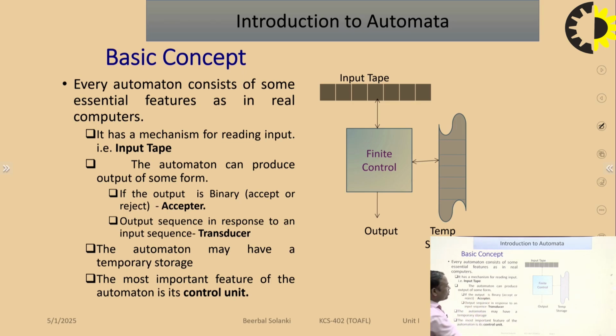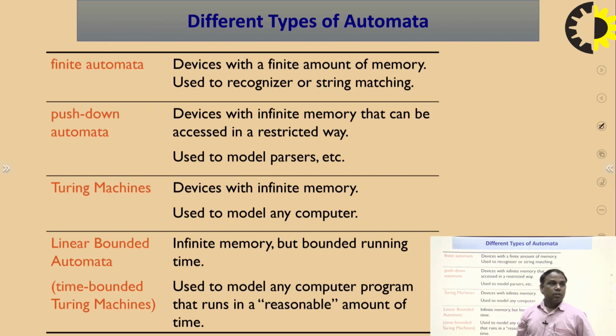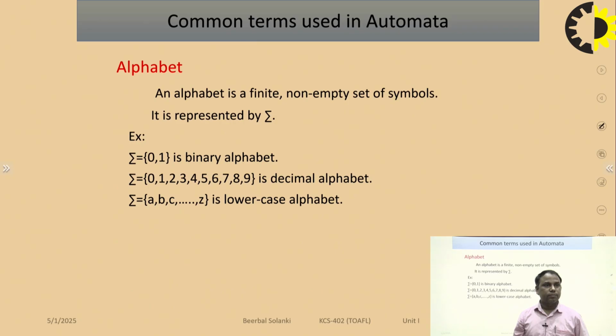If the output is binary, accept or reject, it is an acceptor. If it gives an output sequence in response to the input sequence, it is a transducer. Some automata may have temporary storage. The most important feature of the automata is the control unit, here the finite control unit. The different types of automata are finite automata, push-down automata, Turing machine, linear bounded automata, and others.